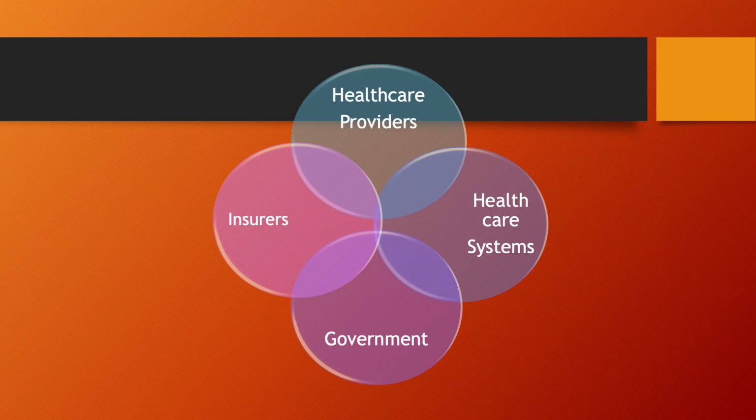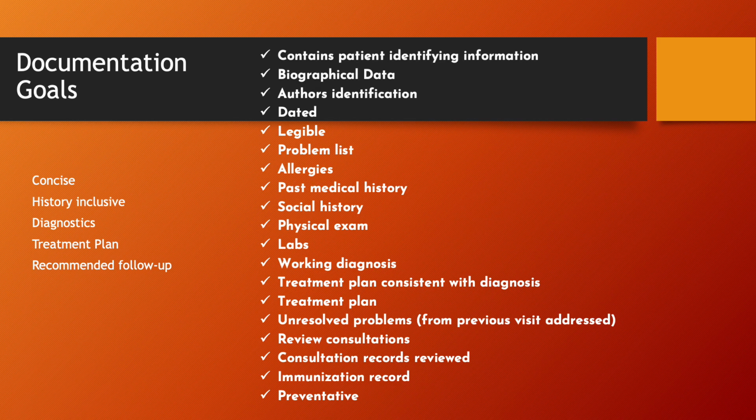So, let's talk about some of the goals that we want to achieve with our clinical documentation. One, the importance of clinical documentation is being clear and concise. You all have probably experienced looking at a chart of a patient and seeing so much information, or information that was not clear and concise, that it was hard to follow the plan of care for that patient.